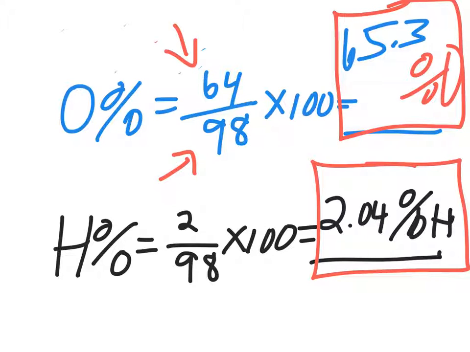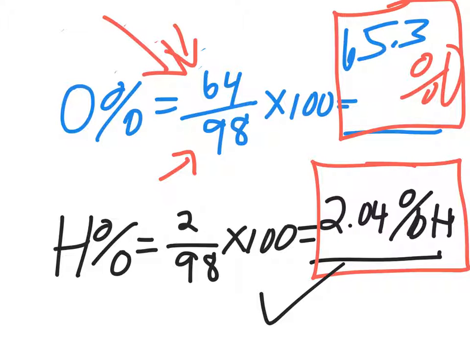Now remember, when you're doing these problems, you must show me all of the work. No work, no credit, okay? Now, you're going to add up all of the percents. So 65.3 plus your 2.04. Now, do you have the 100%? Yes? Okay, and that's how you know you're on the right path.